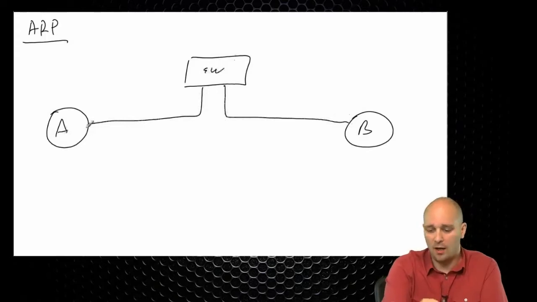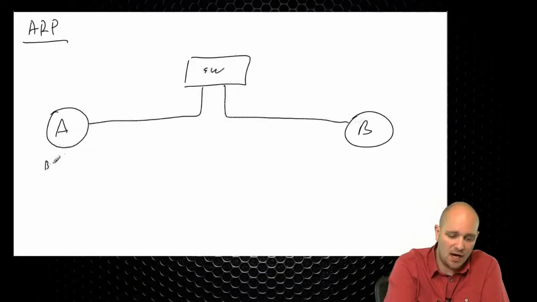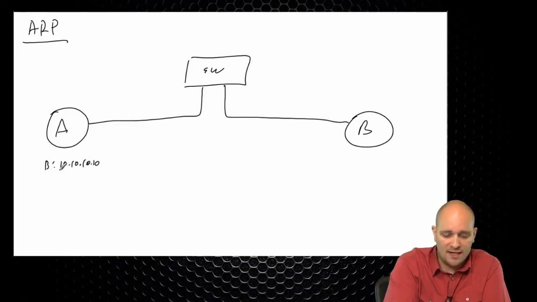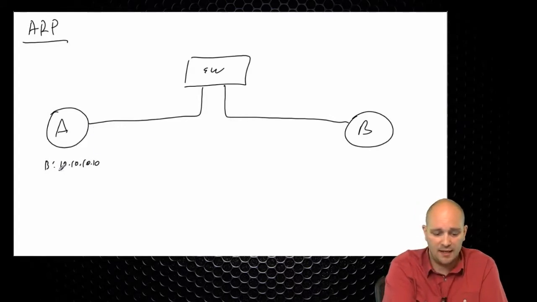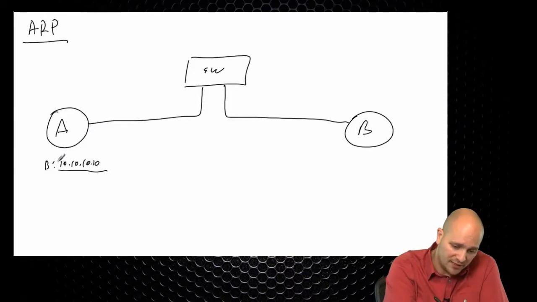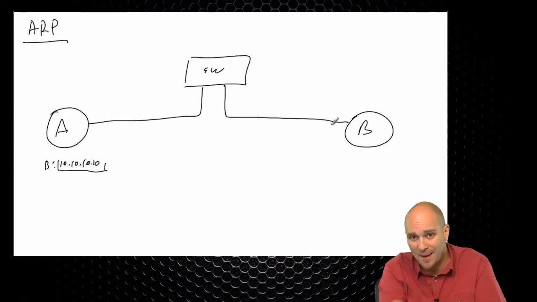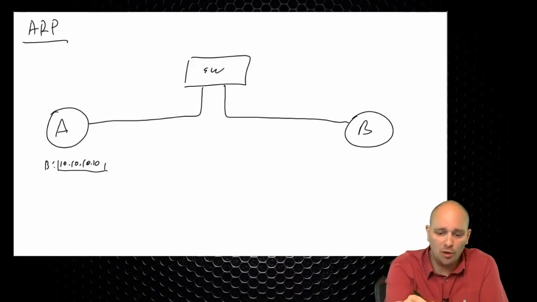Now, when A wants to communicate with B, and let's say that A has an IP address for B, say 10.10.10.10. A knows the IP address of B, but it doesn't know the MAC address of B.